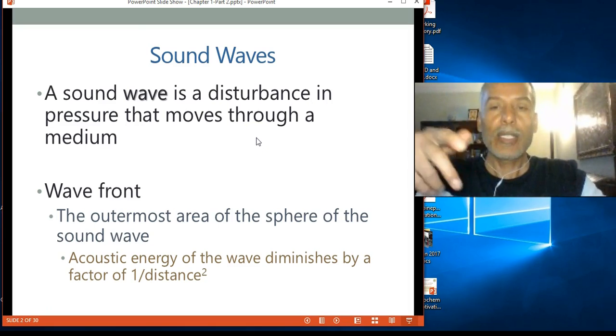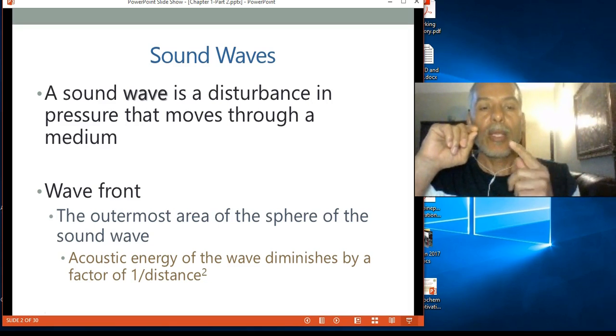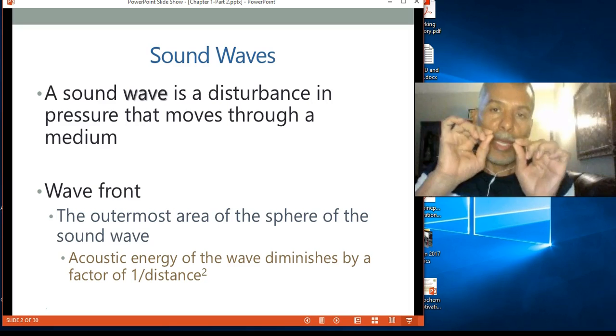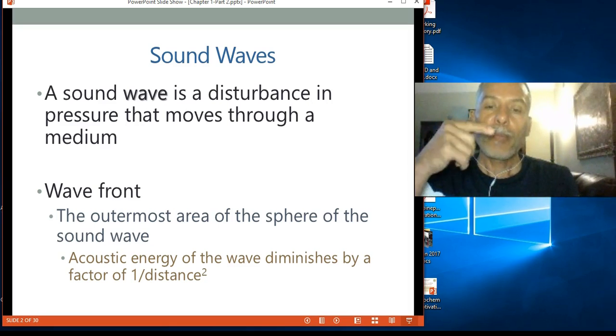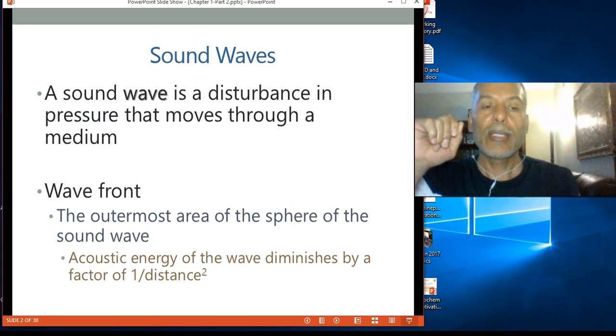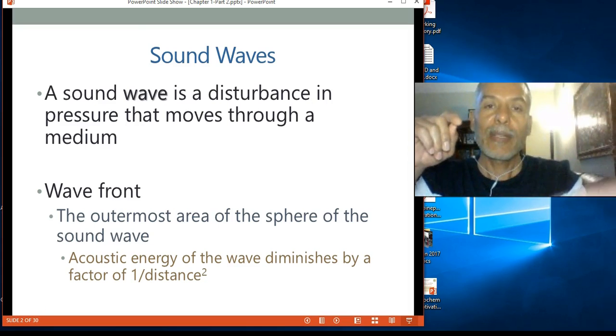There are calculations that we do not need to go into. There's an equation that says, as the sound moves away from the source, gradually it diminishes in energy by a factor of 1 divided by the distance.